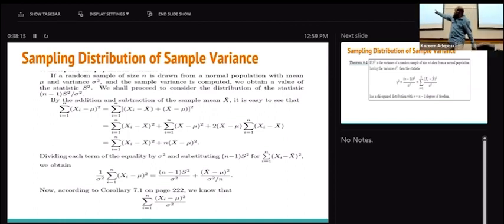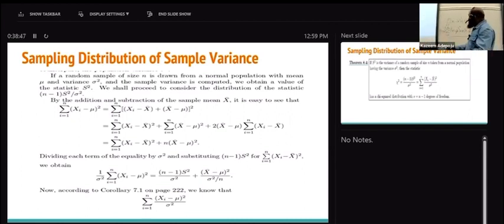Now, the moment I have that, let us divide both sides by sigma squared, and substitute n minus 1 s squared. When you take a look at this, we have summation (xi minus mu) all squared equal to this.